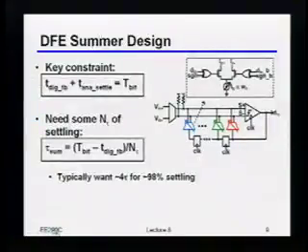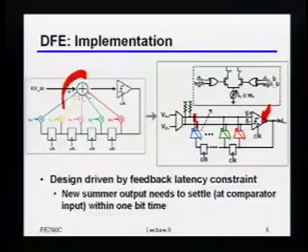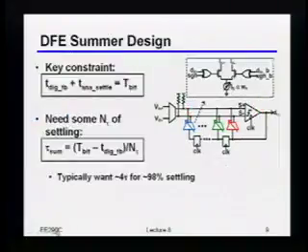So in particular, if we look at this analog piece right here, which is usually called the DFE summer, because conceptually it's implementing this big plus function. Okay? So if we really focus on that piece, because from the standpoint of making the design feasible, that tends to be the most critical piece, then the key constraint is really related to what I just said.